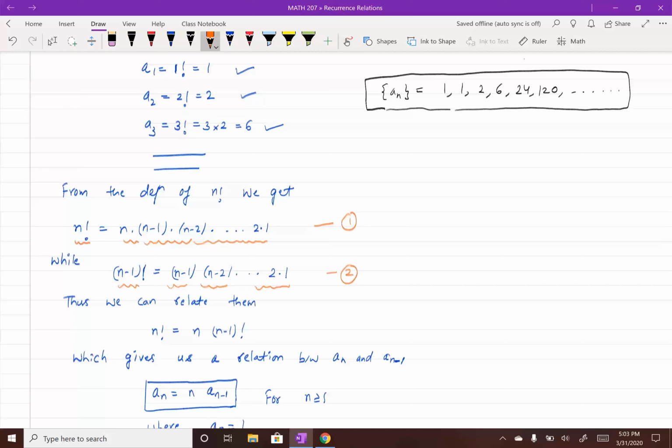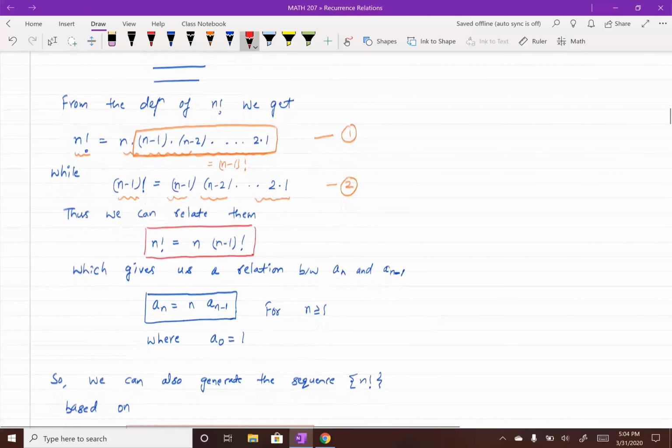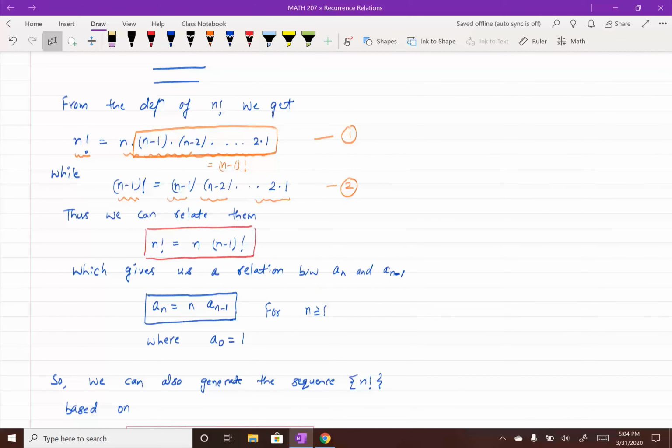So if you look at this part of your n factorial, which is the product of n minus 1 times n minus 2 all the way up to 1, this is nothing but your n minus 1 factorial. So if you replace this part by n minus 1 factorial, then you can represent your n factorial as nothing but n times n minus 1 factorial. Okay, if you write this n factorial in terms of your nth term and n minus 1 term of the sequence, then you can say my nth term of the sequence A of n is represented by n factorial here.